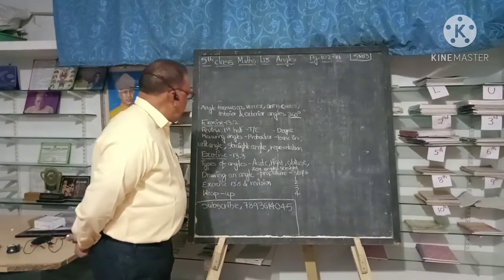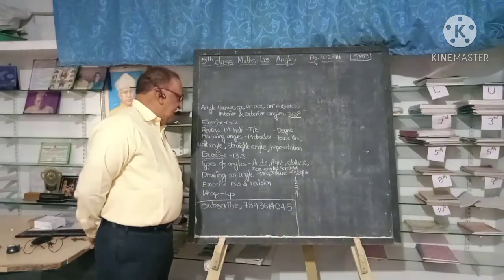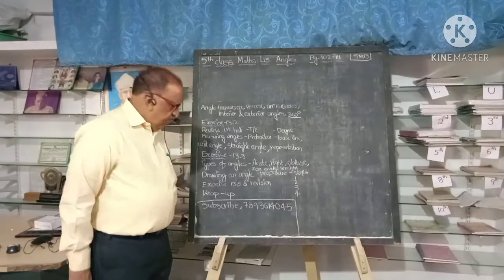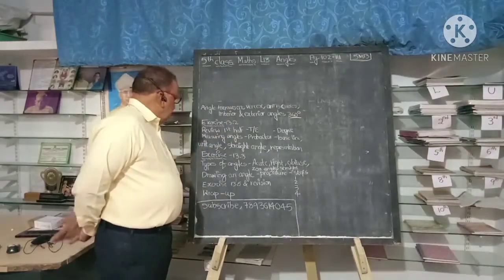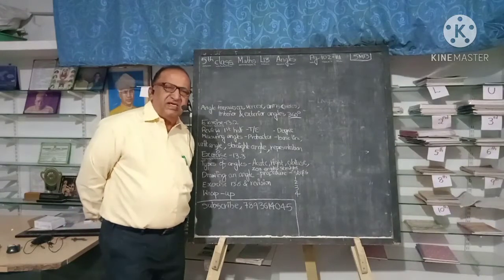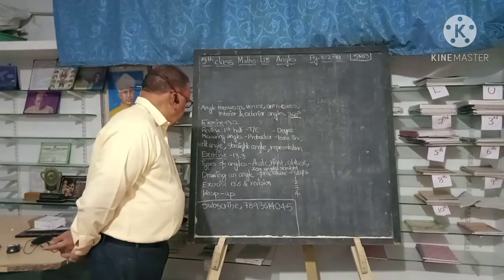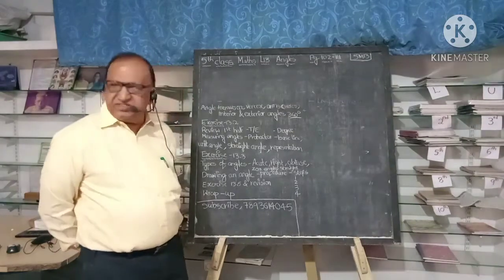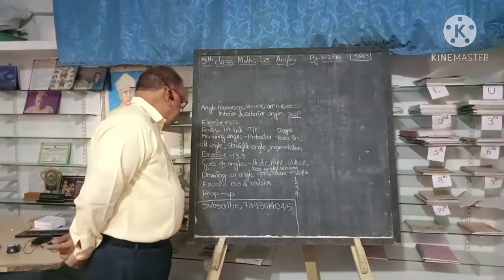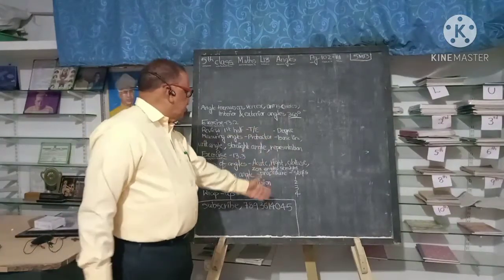Now we are going to learn about how to measure angles, using protractors. Using a protractor, we also know what is a unit angle, straight angle, and how it is represented. Then of course finally we have the types of angles, followed by drawing an angle. Okay, the procedure, that's 1, 2, 3, 4.